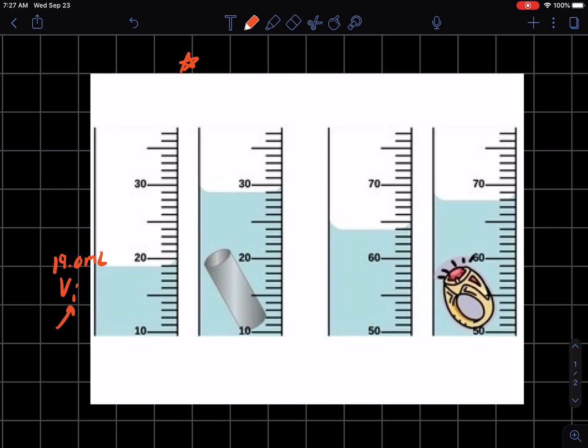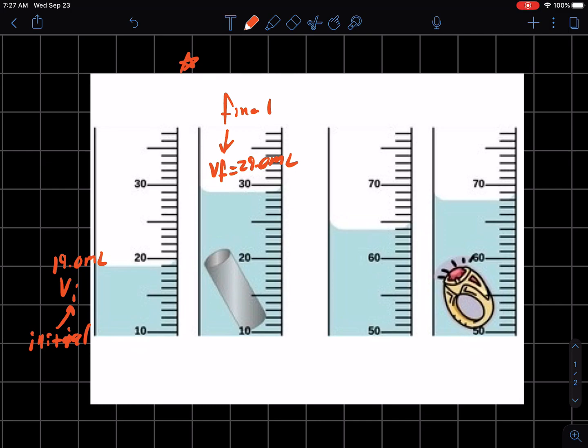That I stands for initial. It stands for initial volume, the starting volume. Over here on the right, you have VF, which equals 29.0 milliliters. This VF, that F stands for final, and that's after you add your object.